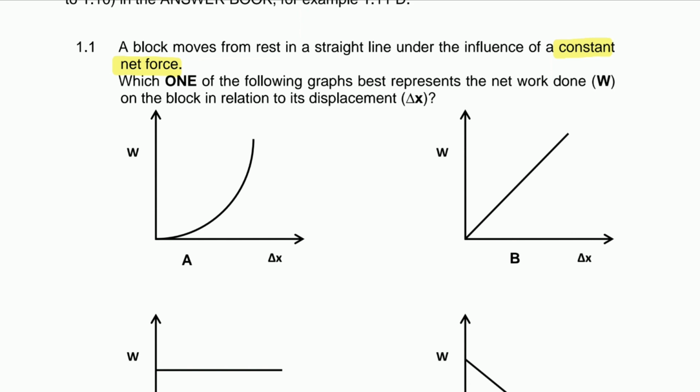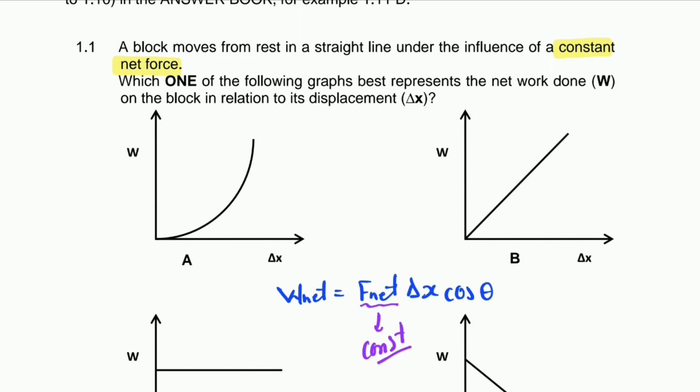to its displacement? You have to remember that net work is equal to net force multiplied by the displacement multiplied by the cosine of theta. Okay, now we are going to keep the net force constant. It's said in the question that it is constant.